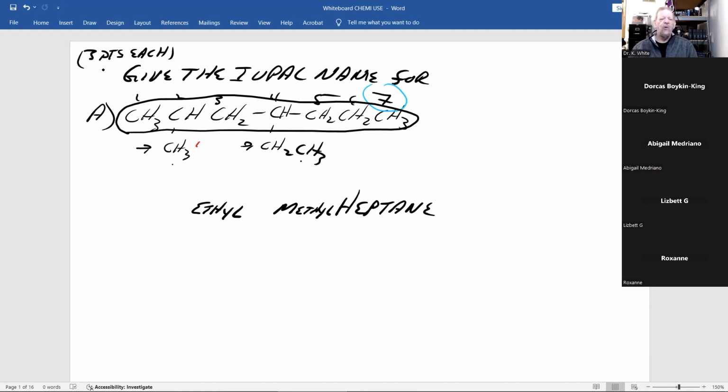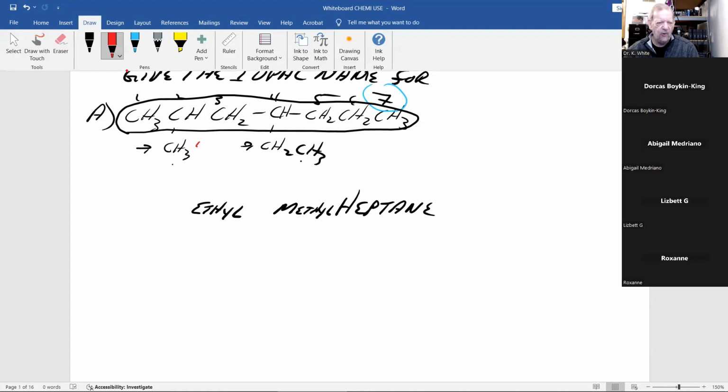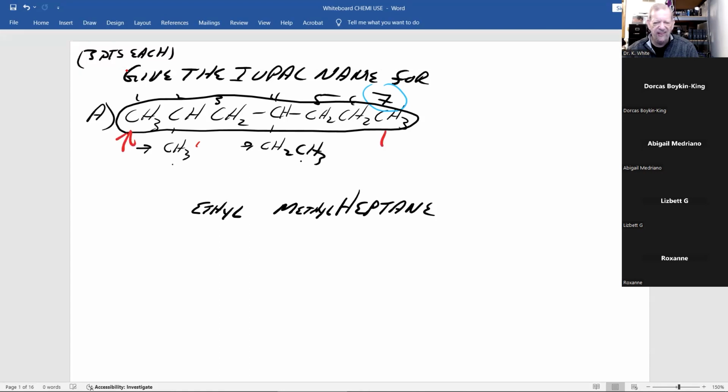Now, what carbons are the 2 alkyl groups on? When you number, and listen carefully, you always start from the end of a chain. Always start from the end of a chain. Students want to say, oh, this is the first one, I'll make this carbon 1.